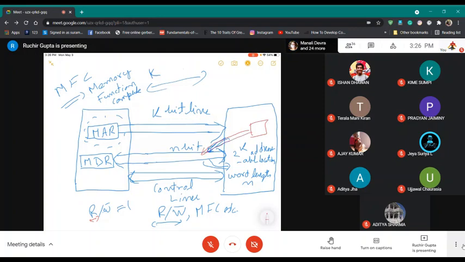As soon as this is put on the bus, the MFC signal will be asserted by the memory, and as a consequence, the processor will understand that the data is available over the bus, and it will take this data from the bus.